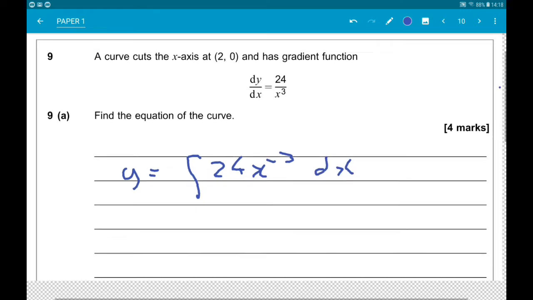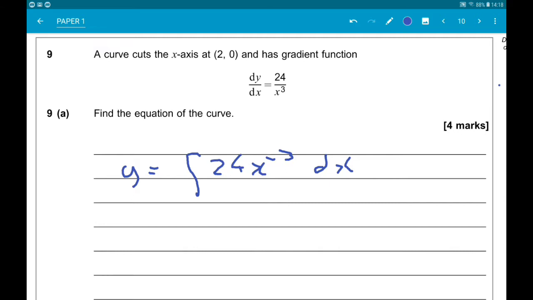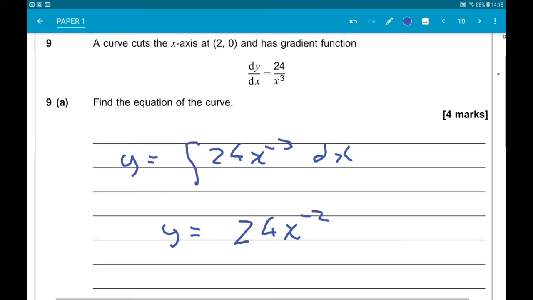Okay, now this is going to give us, so the power on x goes up by 1 to minus 2, and we divide by the new power. So we get 24x to the minus 2 divided by minus 2.